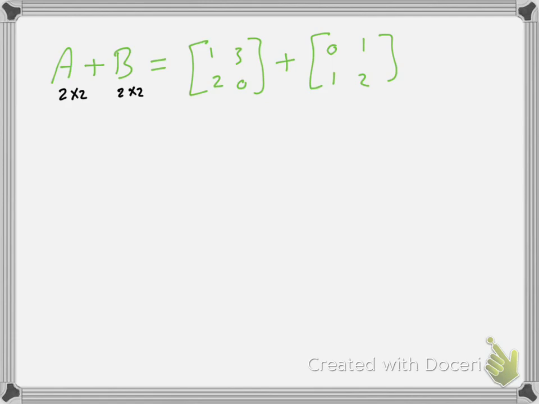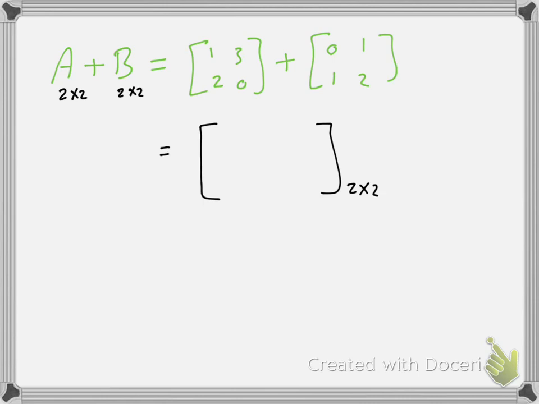To add matrix A to matrix B, I will just copy the elements of matrix A and the elements of matrix B. As you know, matrix A is of order 2 by 2 and matrix B is of order 2 by 2. That means when you add them, the result also should be like them, 2 by 2.